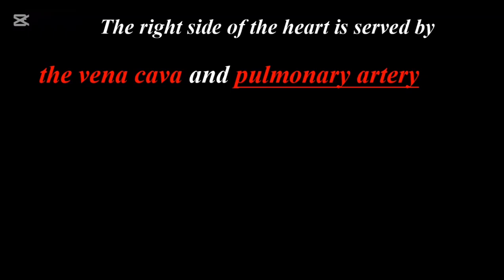This means that the blood which enters the heart can be from the vena cava or it can be from the pulmonary artery. Those served by the vena cava carry deoxygenated blood.